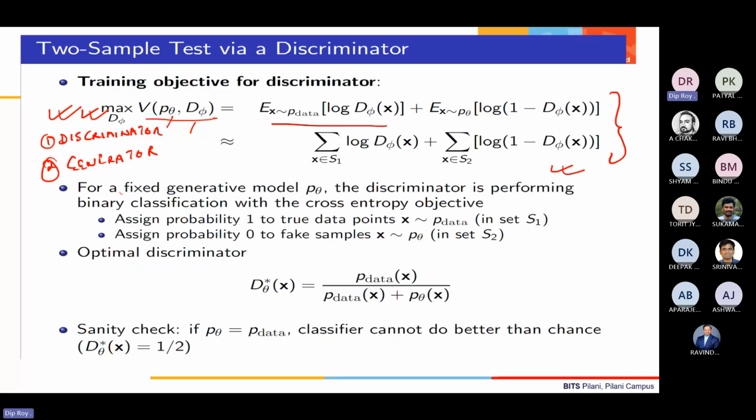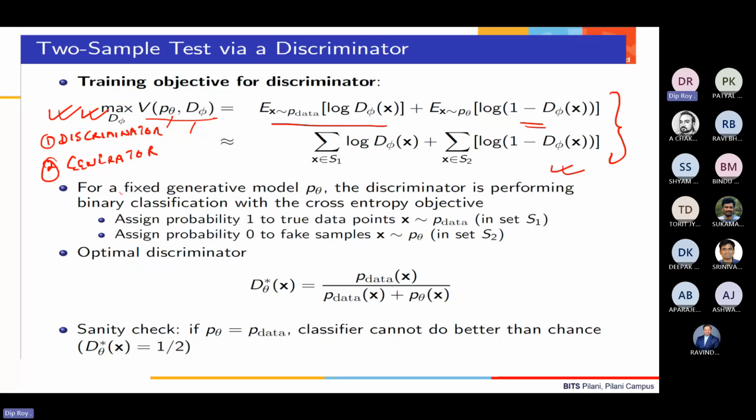That is real. So we use log of this. And for fake data, x belonging to p theta, we want d phi x to be close to 0. And so we use this. Together, this is nothing but the binary cross entropy loss, but from the perspective of the discriminator trying to maximize its performance.